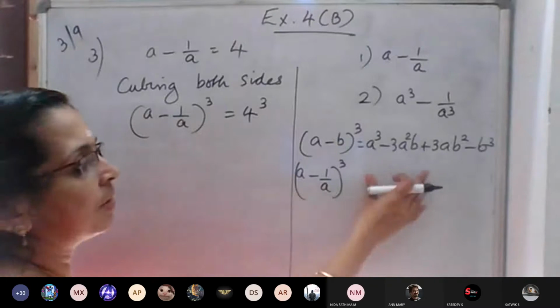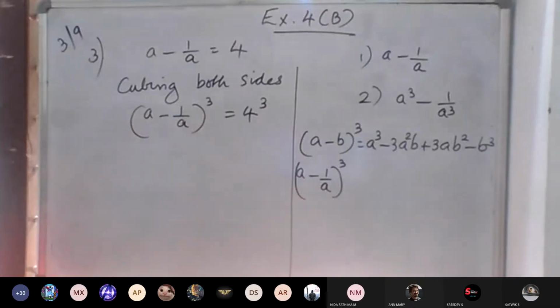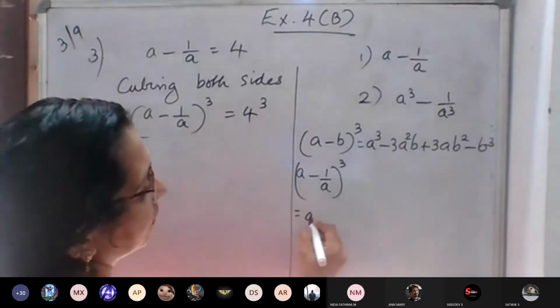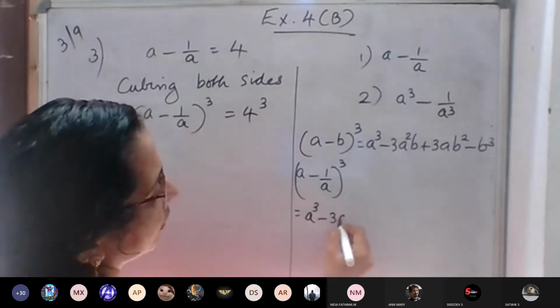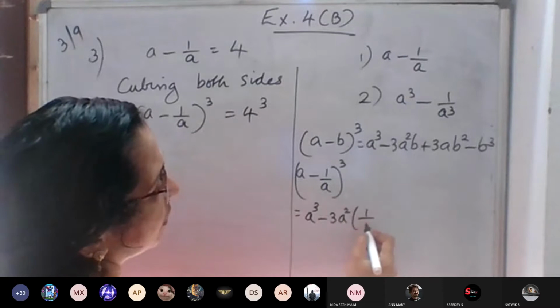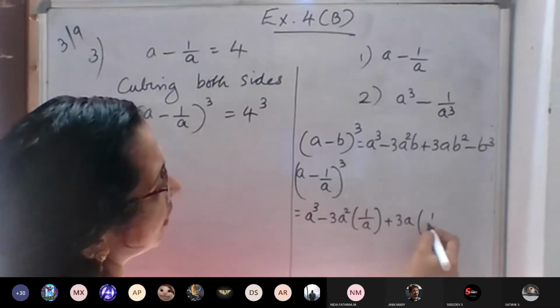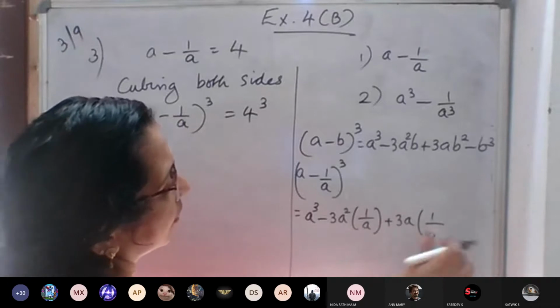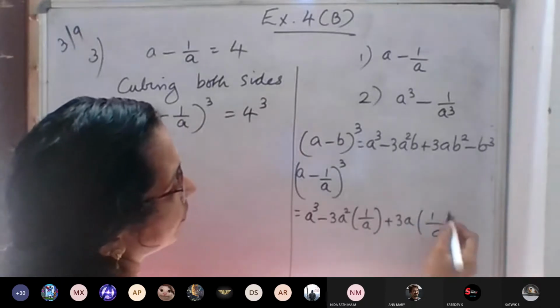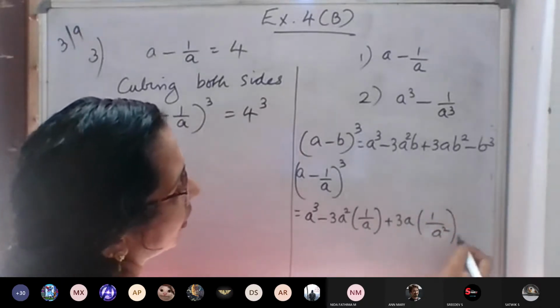Yesterday we discussed this and we wrote it. So what answer will you get? Instead of B, we can write 1 by A. Plus 3A into B, we can write it as 1 by A, and B square means 1 by A square.